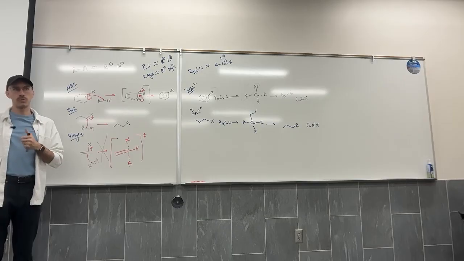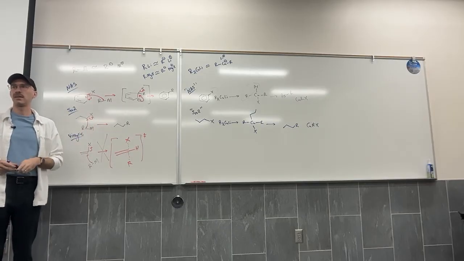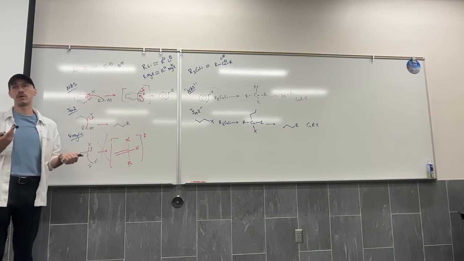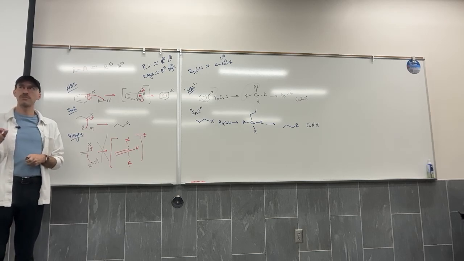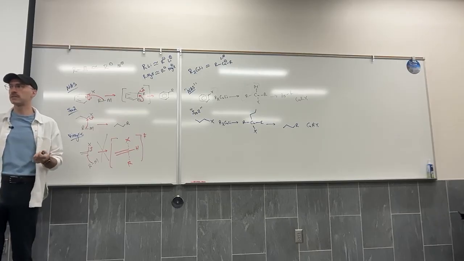The diorganocuprate brings in two equivalences of an organic group and then leaves with one equivalence of the organic group. In terms of atom economy, it's quite wasteful. You need two equivalences, but you only use one.